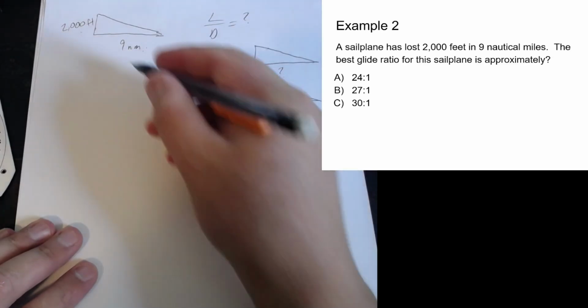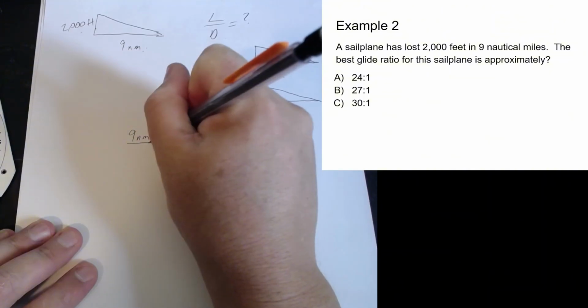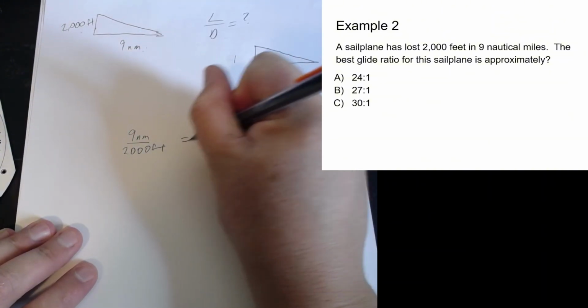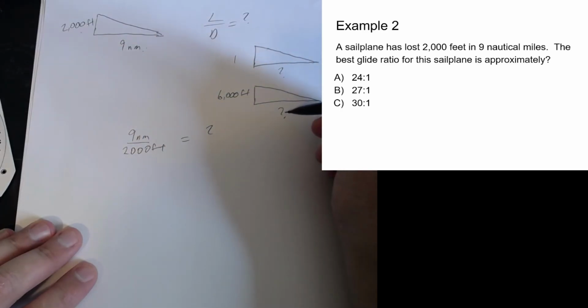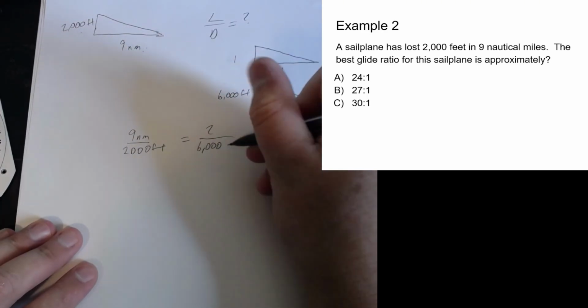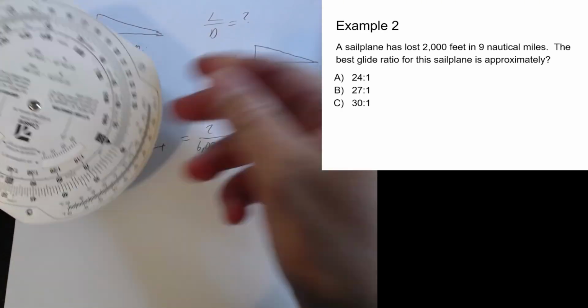Now we can write this as a ratio. 9 nautical miles over 2,000 feet equals some distance that we go over divided by 6,000 feet, which is the same as 1 nautical mile. Now we take our E6B.